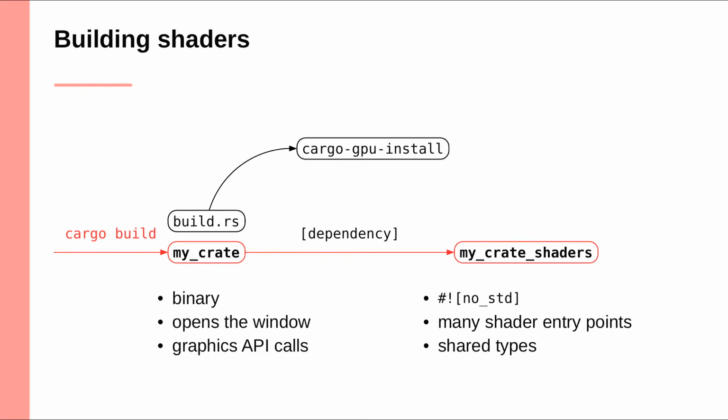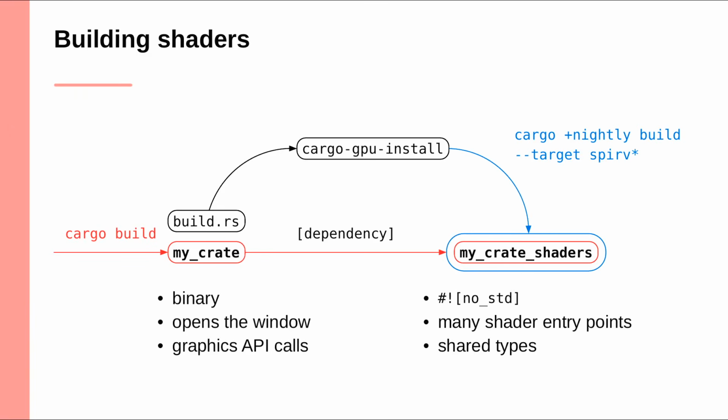Then it has to build the codegen backend. And after all of that chaos, it just calls cargo with the correct nightly version, with the codegen backend, with a SPIR-V target. And basically just builds the crate a second time for the SPIR-V target. And then once it's built for SPIR-V, you're just passed back all the SPIR-V files, and you can just do whatever you want with them, basically.